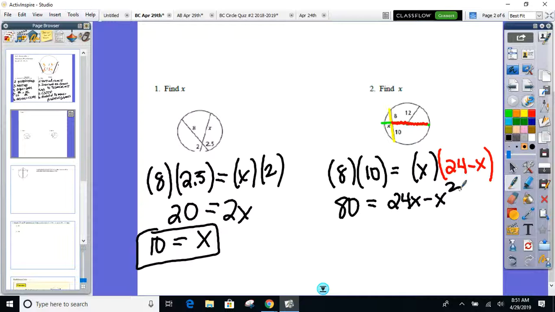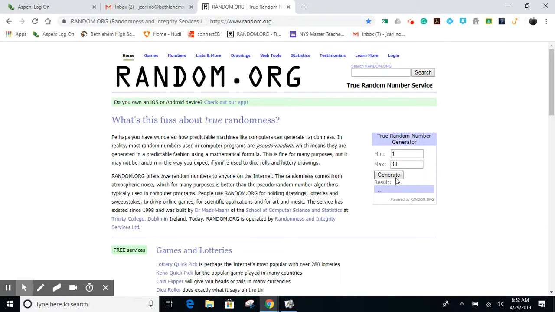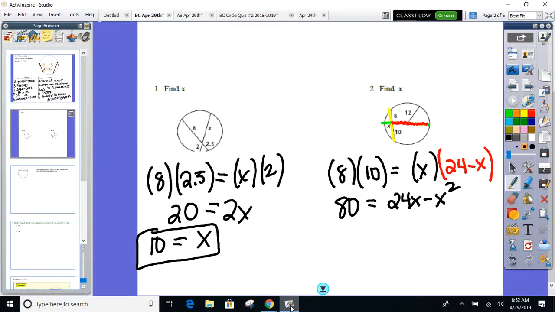I'll turn it over to you right now here, Honors Kids. Your next move now. I got 80 equals 24x minus x squared. Got to solve for x. Yes, and I know the easy way would be to move the 80 over, but I'm not a big fan of that right there.